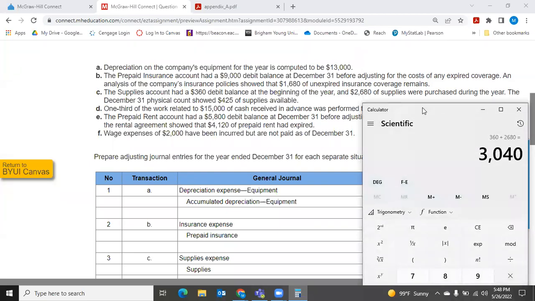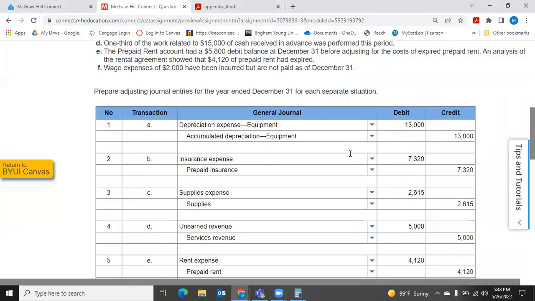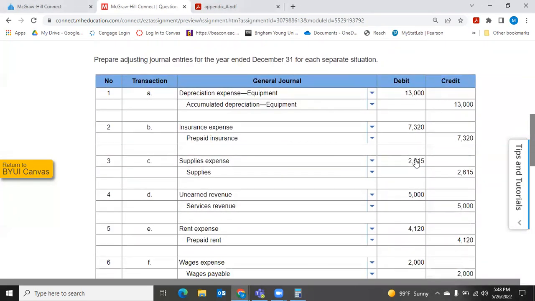So I had $3,040 worth of supplies available during the year. Then I subtract out the amount that is still there at the end of the year, and that tells me how much I used, $2,615 worth of supplies. So I would debit supplies expense and credit the asset account supplies, to show the asset going down and the expense account going up.